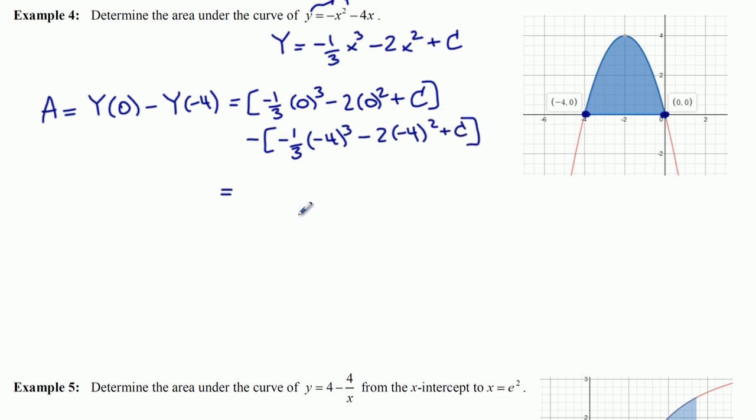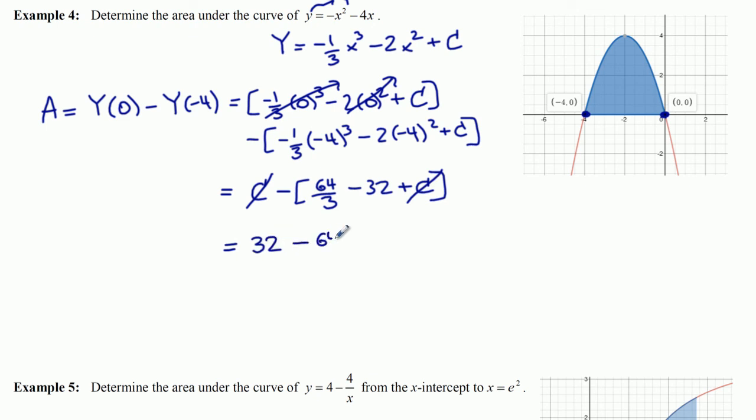And that will eventually give you, this is 0, that's 0, so you're just left with c in that first bit. And then you're going to subtract 64/3 minus 32 plus c. Now c minus c is 0. So next we're going to have 32 minus 64/3, which would eventually give us 32/3 units squared.